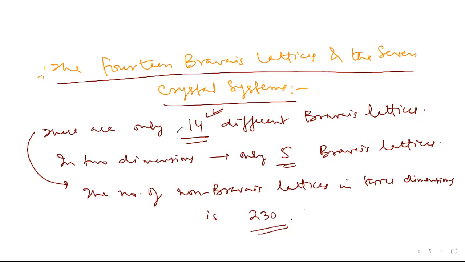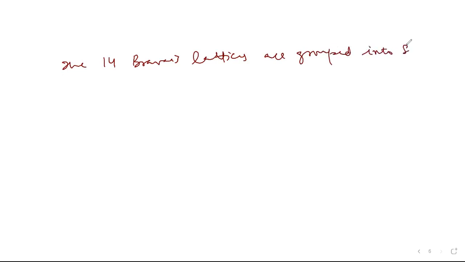Now let us move to 3 dimensions and Bravais lattices. The 14 Bravais lattices or crystal classes are grouped into seven crystal systems, right?